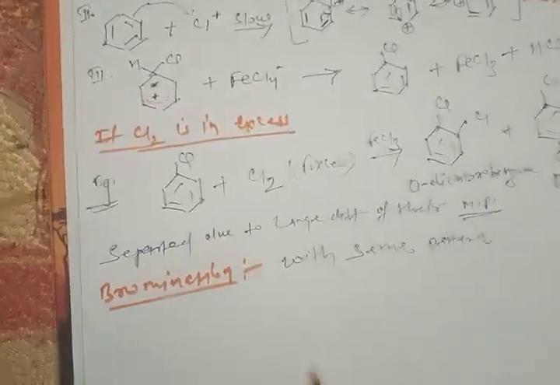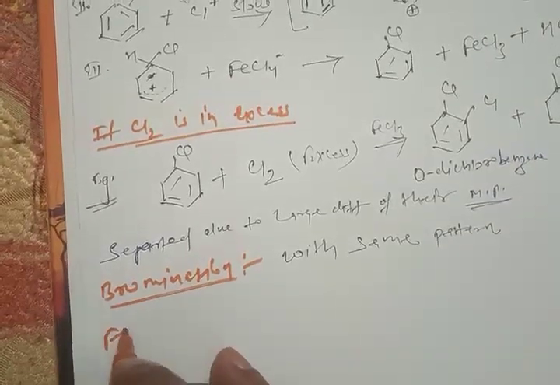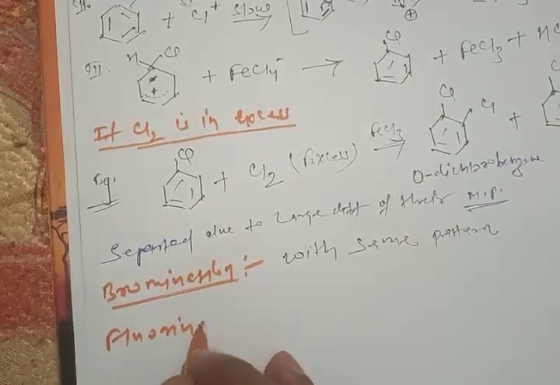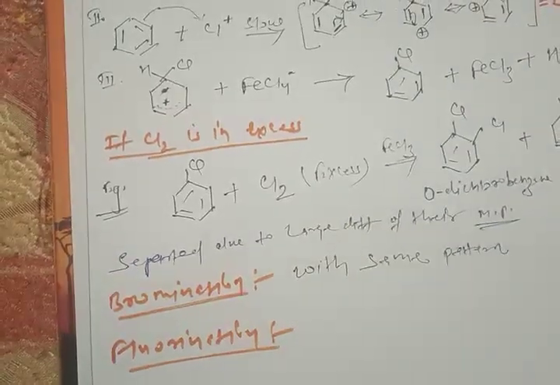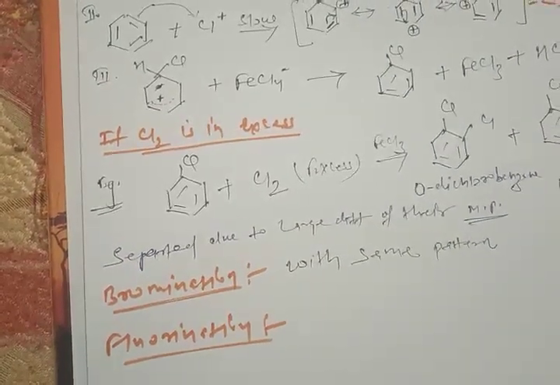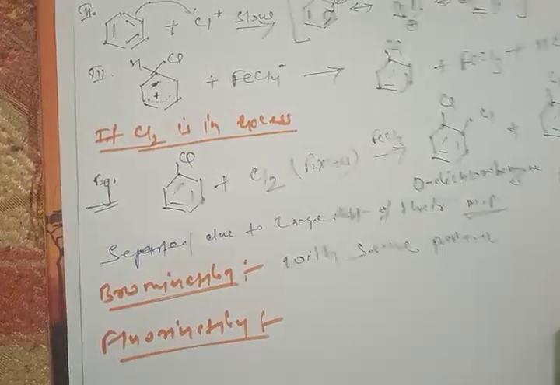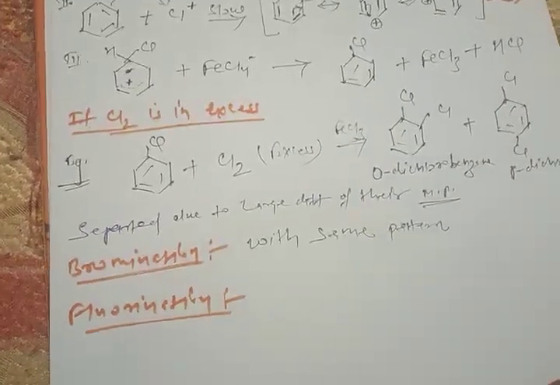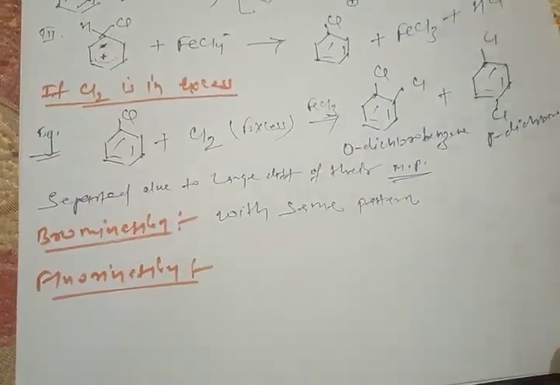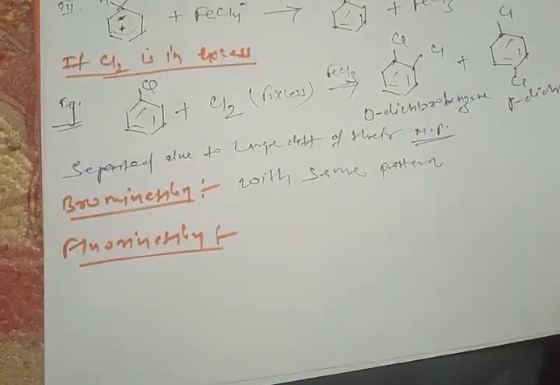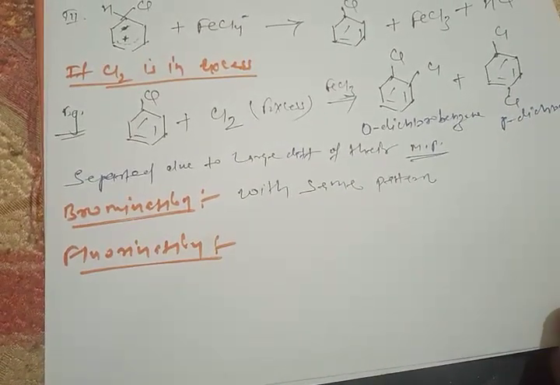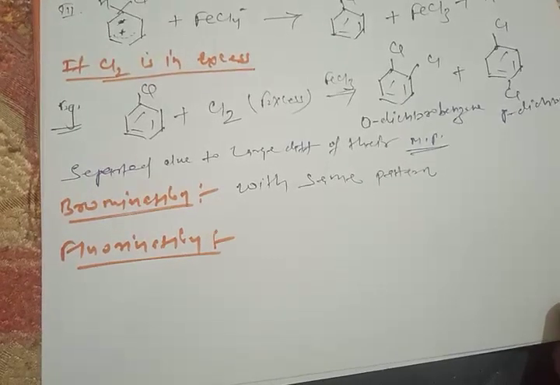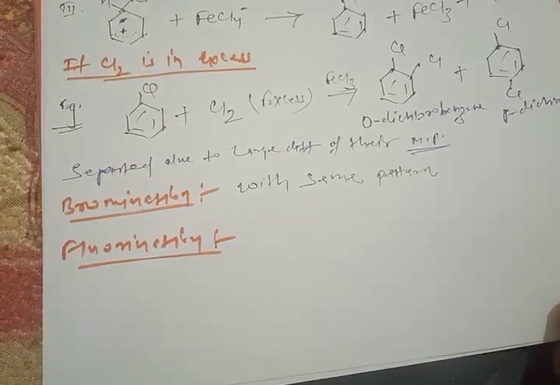Fluorination: see, the reaction with fluorine is very violent. So it's very difficult to control, and that is why direct fluorination is not possible, and fluoro compound formation is very difficult.